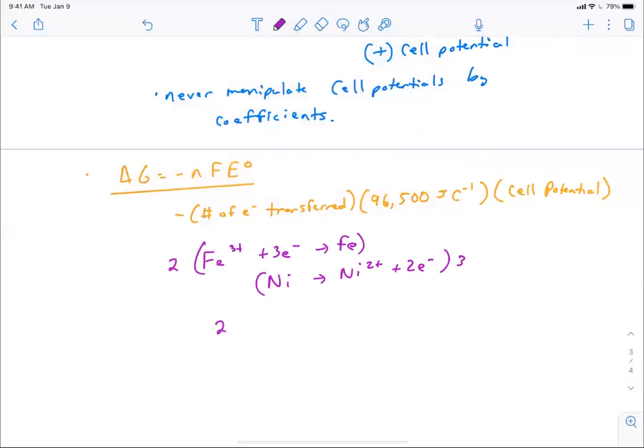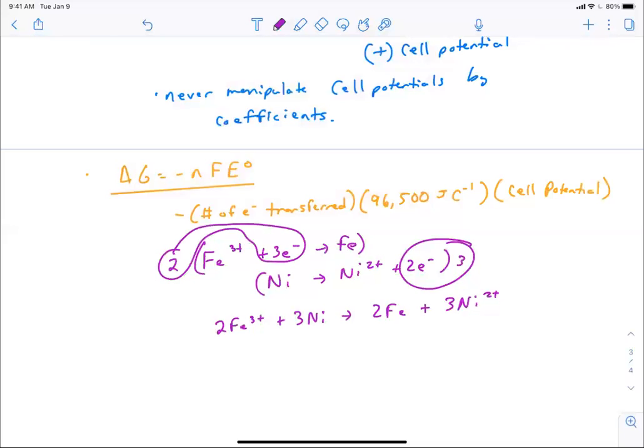So it ends up being 2Fe3 plus 3Ni yields 2Fe plus 3Ni2 plus. But what you care about is that there were 6 electrons transferred in this process. So therefore, you actually have N equals 6 here, because when you combine the reactions together, you cancel out 6 electrons. That's how you figure out N.